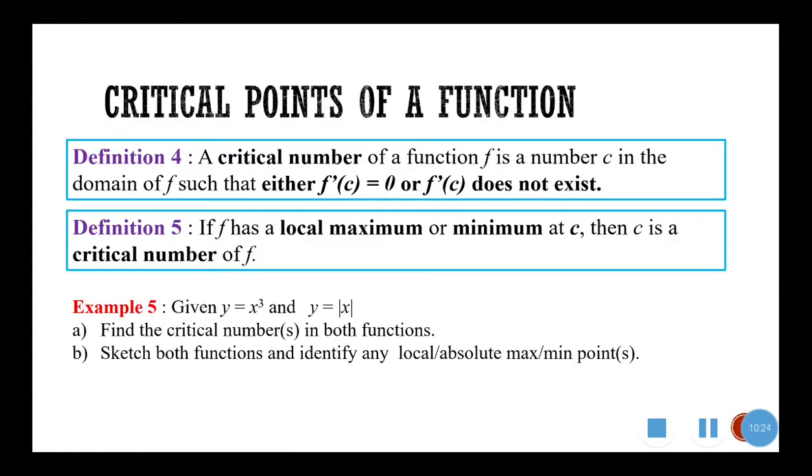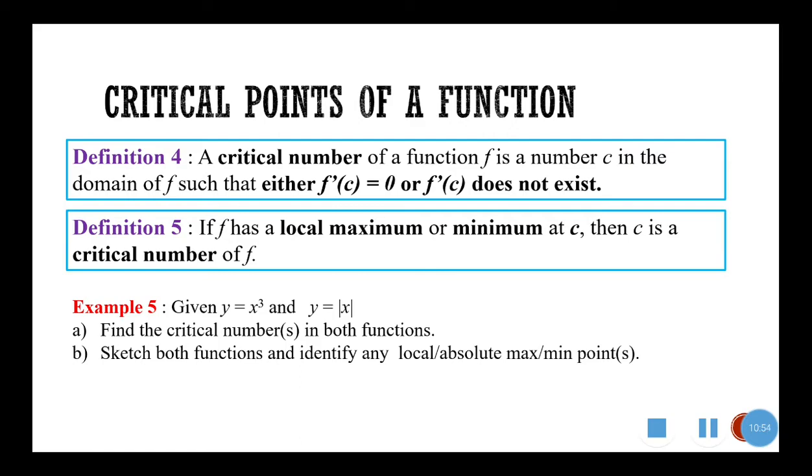Alright, now we come to the next section, critical points of a function. We have two more definitions here. Definition 4: a critical number of a function f is a number c in the domain of f such that either that value of c makes f prime of c equal to 0 or f prime of c does not exist.